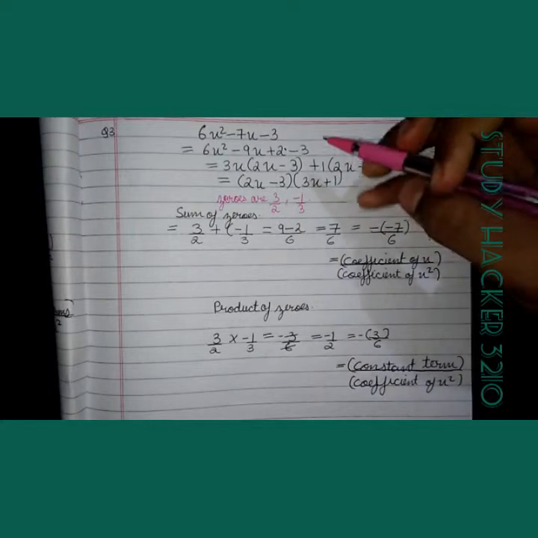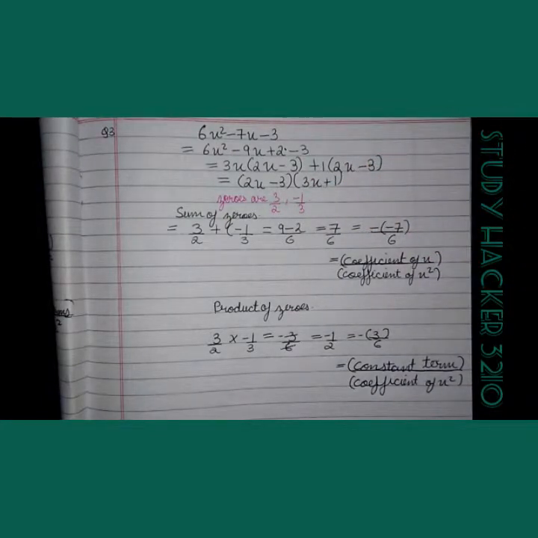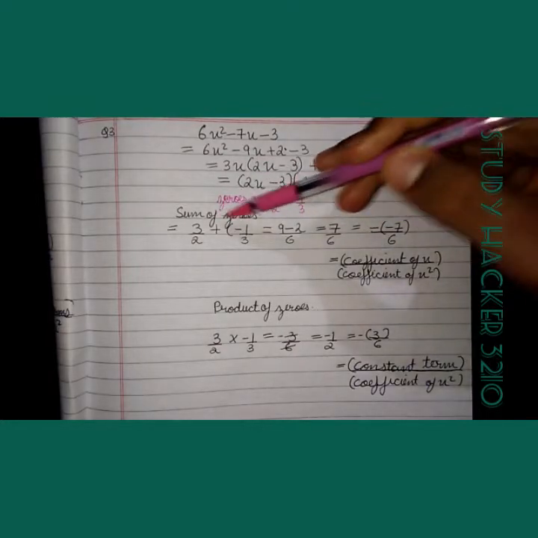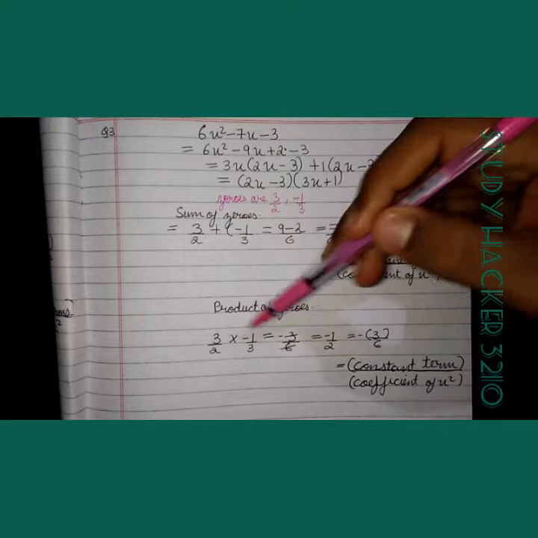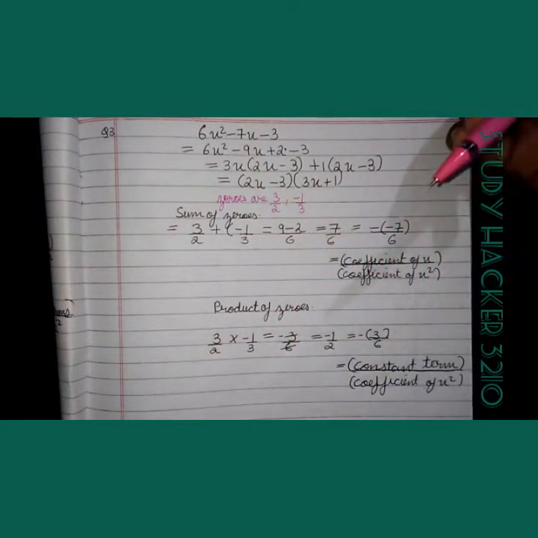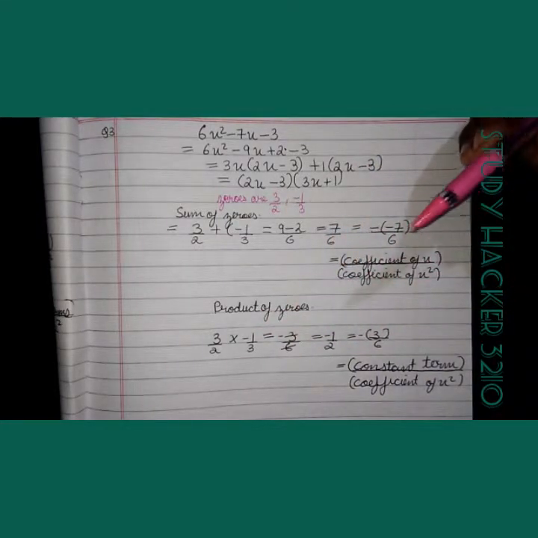Then we have to verify the zeros and the coefficients. We will write sum of zeros, which equals this, and then we will write the product of zeros like this. You can stop the video and write the answer to get better results.